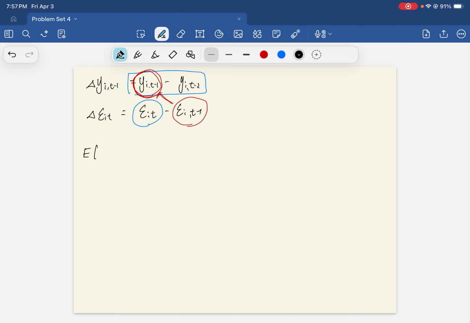So if you think about the expectation between y_i,t-1 and delta y_i,t-1 and delta epsilon_it, I would be worried about this guy, right? So even if everything else is nicely uncorrelated, still you have to think about this. So minus something like this. Yeah. So obviously it is not 0.